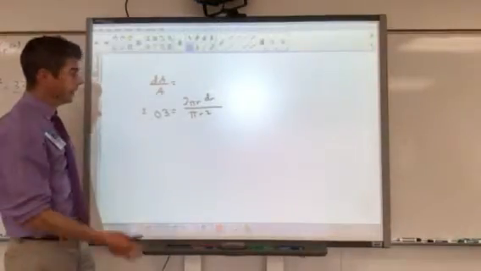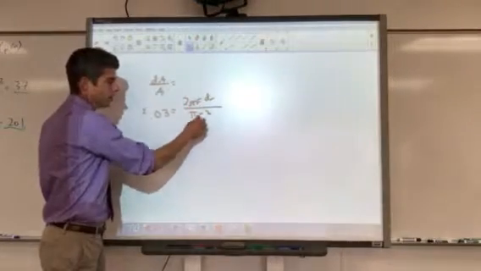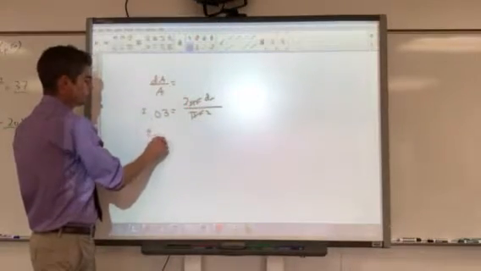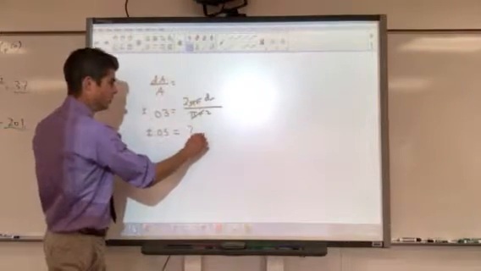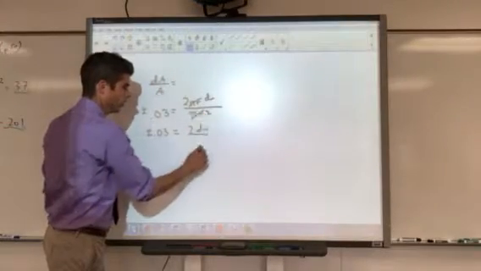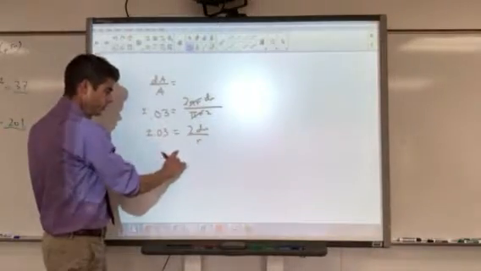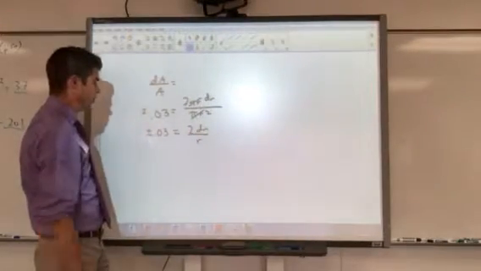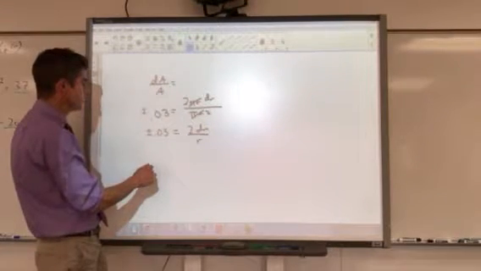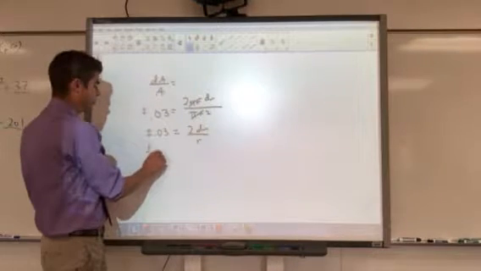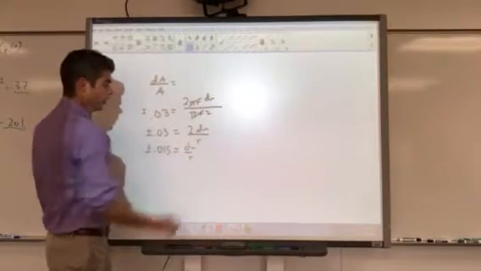And so from that, I have a lot of things canceling. Pi cancels, and one of the r's cancels, so I get this plus or minus 0.03 is equal to 2 dr over r. In fact, I can divide out this 2, so 0.03 divided by 2 would be plus or minus 0.015 equals dr over r.